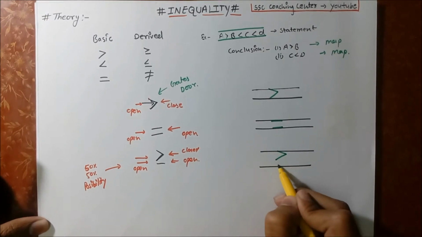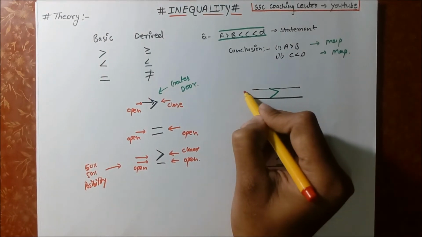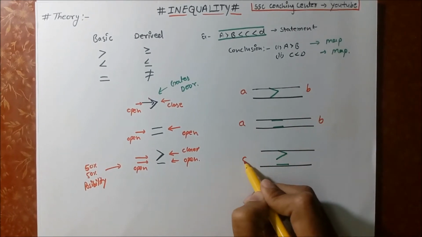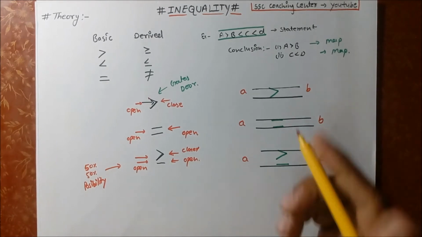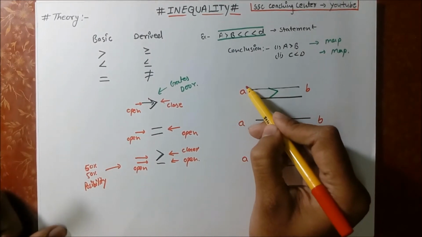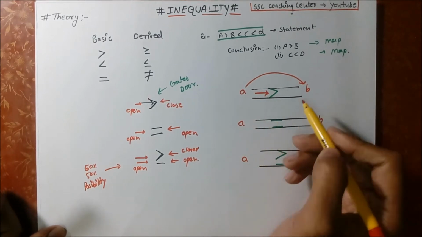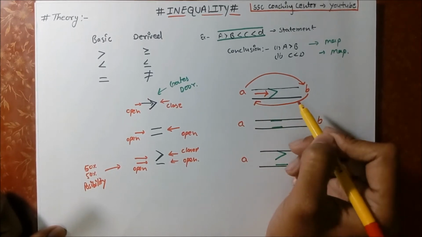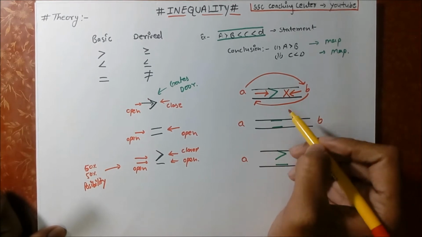In this I am having a less than or greater than or equal to sign, right? So if A and B are like this, and I want to go from A to B, then I can go through only this side, right? If I want to go like this from B to A, then I cannot pass through, right? So that conclusion will not follow.